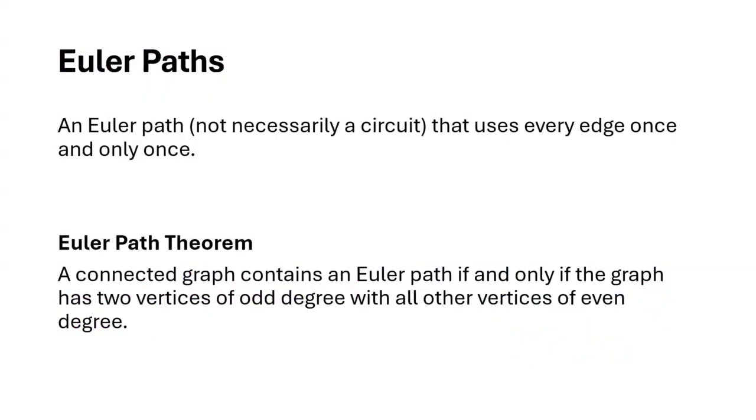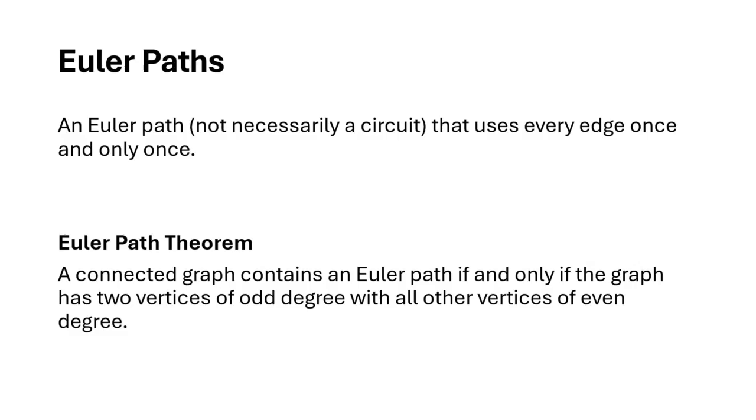Okay. Well, maybe we don't want to start and end at the same vertex, at the same point. So instead, we can talk about something called an Euler path, where you're using every edge only once. And how does this change if you're creating a path that might start and end at a different place?